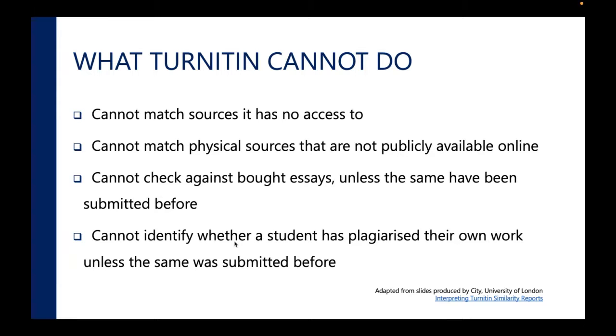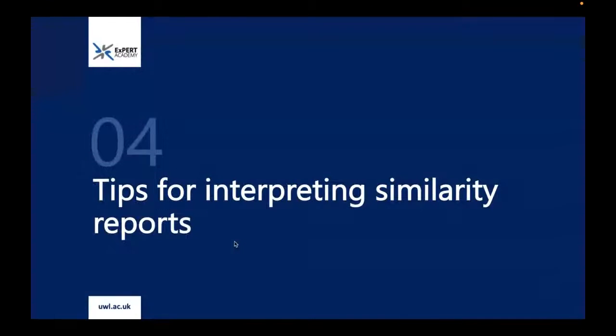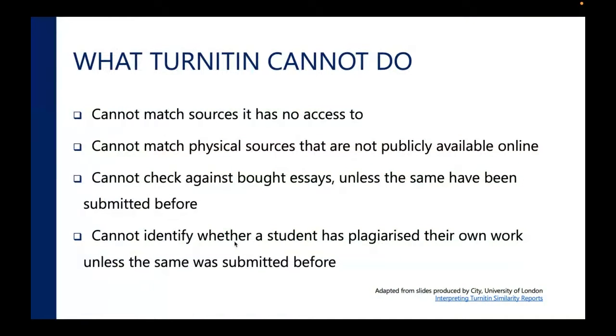It may also be physical sources like books and libraries, or books you have access to physically that are not available online. Then it cannot check similarity for that. As well, when any content may have been bought, for companies that do that, they may be using ways that Turnitin cannot check whether that content is available online. My apologies, I keep pressing on my mouse.